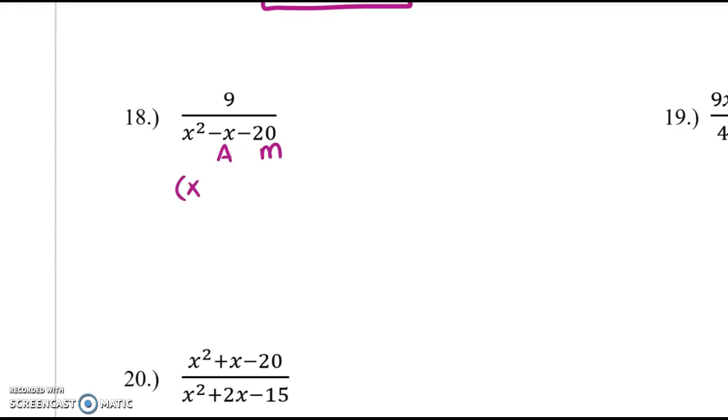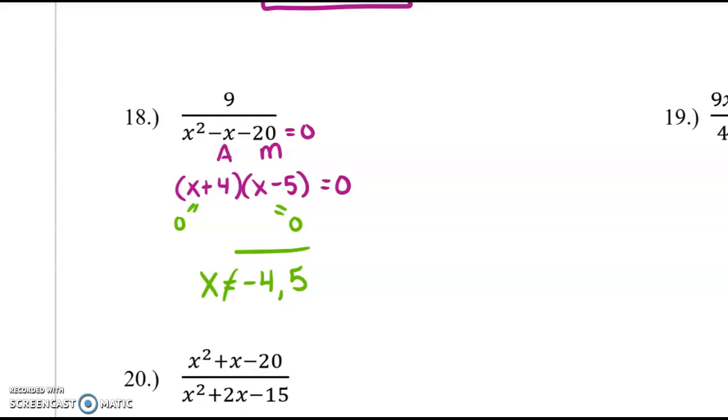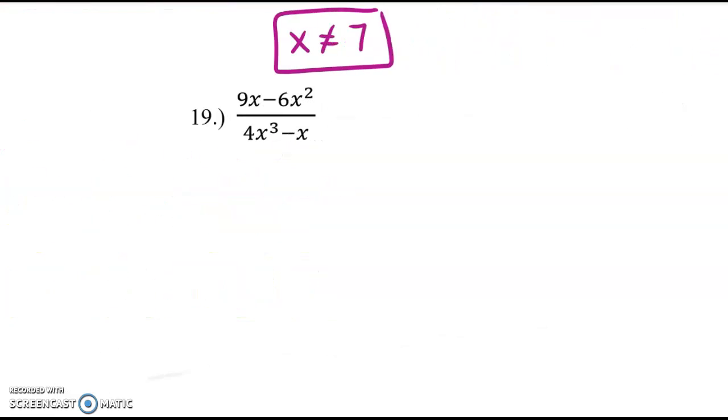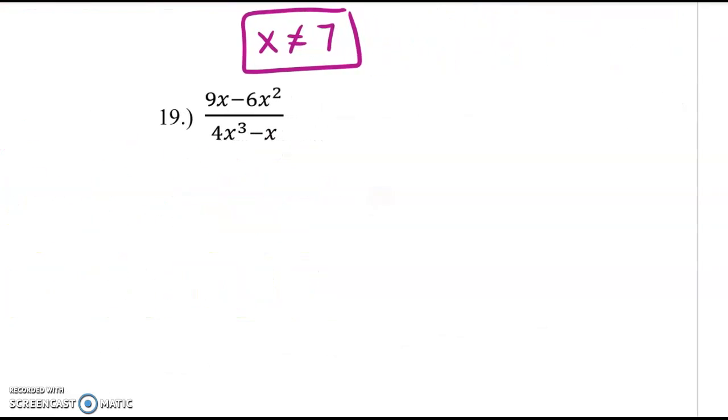So this is going to be x has to equal 0, x minus 4, x plus 4, x minus 5 equals 0. Set these individual parts equal to 0, and you're going to get that x cannot equal negative 4 and positive 5. Because if I plug in negative 4, if I plug in positive 5, I'm going to get a 0 in the denominator, and we can't have a 0 in the denominator of our fractions.